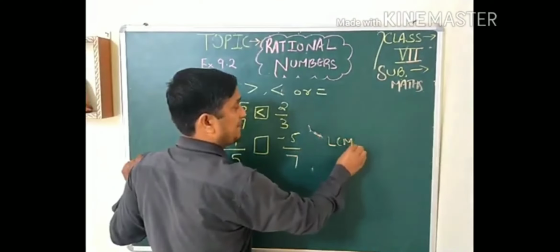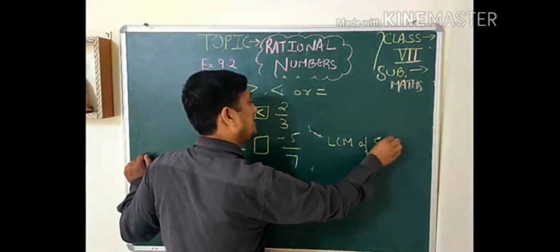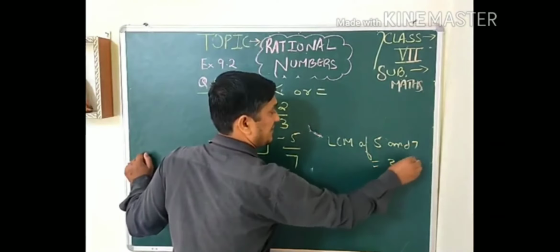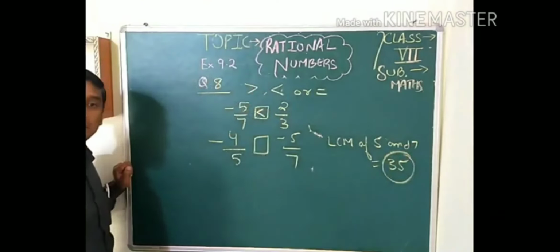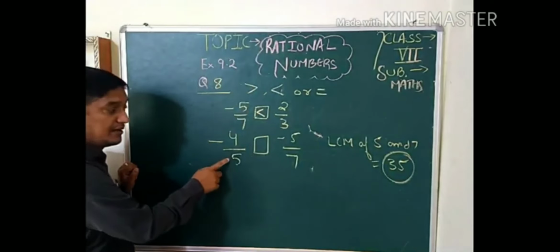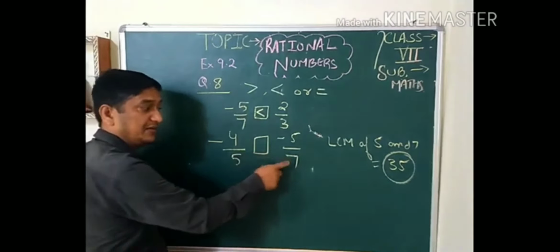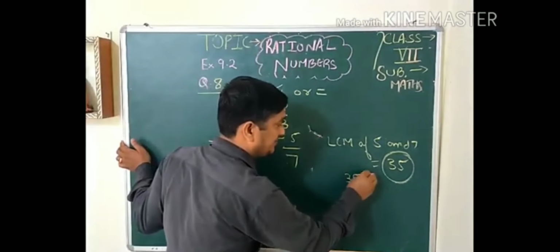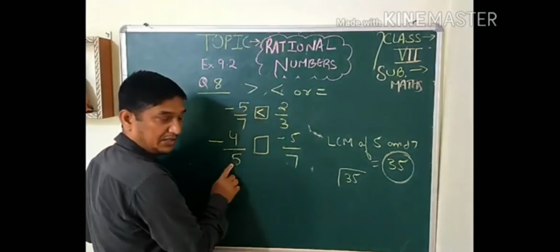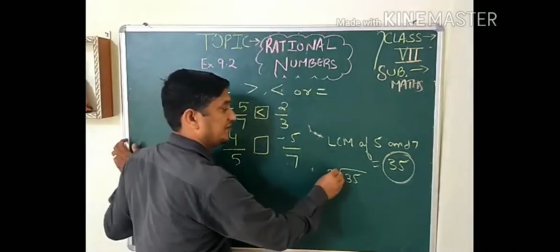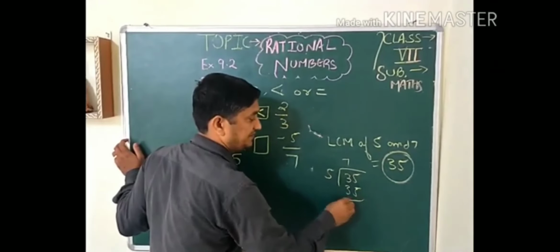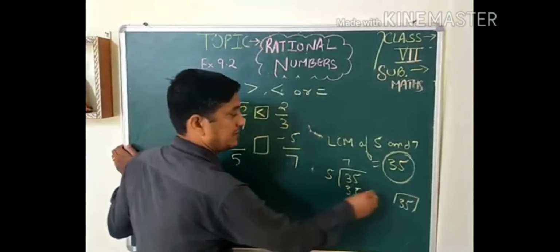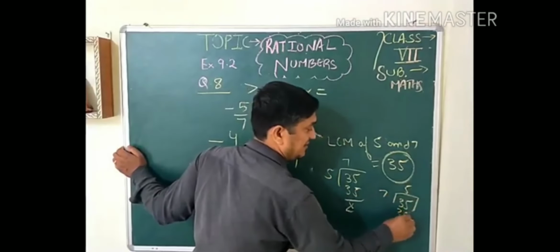LCM of 5 and 7 is 35. Now you have to bring the denominator to 35. How? Divide this 35 first by the denominator of the first rational number, that is 5. 5 sevens are 35, and secondly 7 fives are 35.